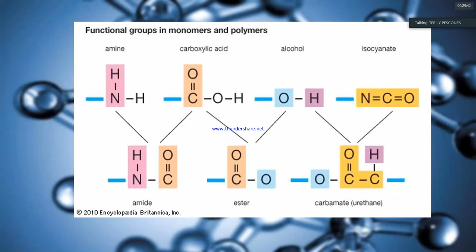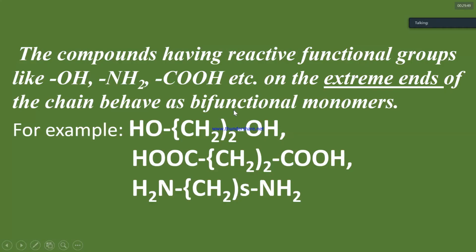So, functional groups in monomers and polymers. Okay, so the compounds having reactive functional groups like OH, NH2, and the COOH, etc. on the extreme ends of the chain behave as bifunctional monomers. Okay, di ba yung mga OH, ito yung mga alcohol natin.